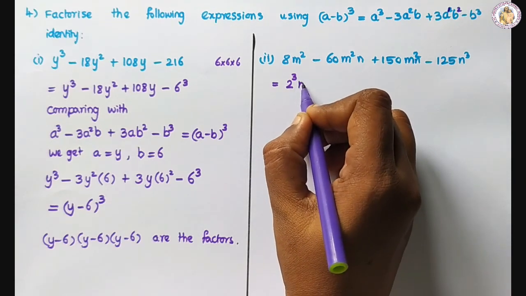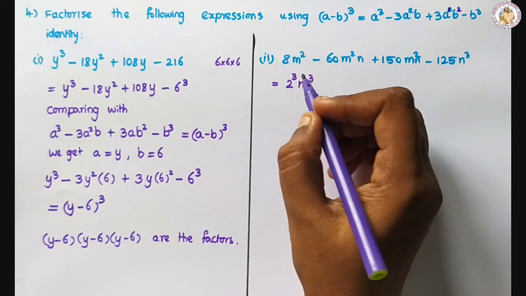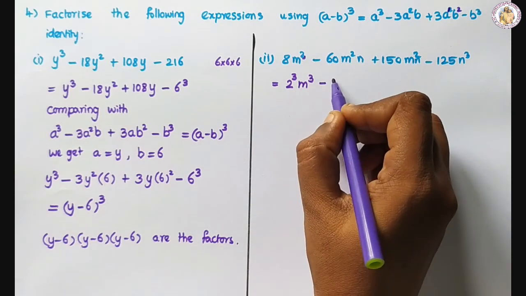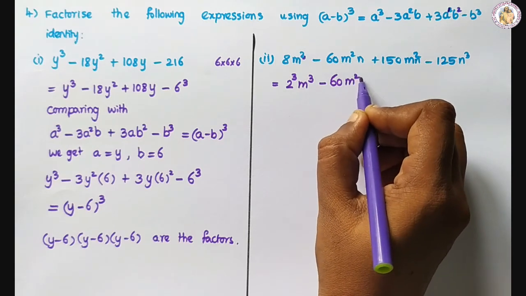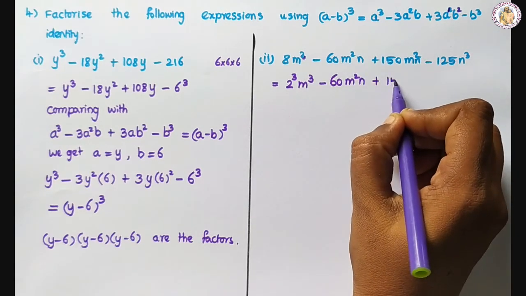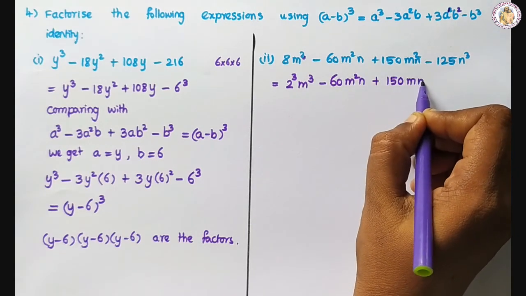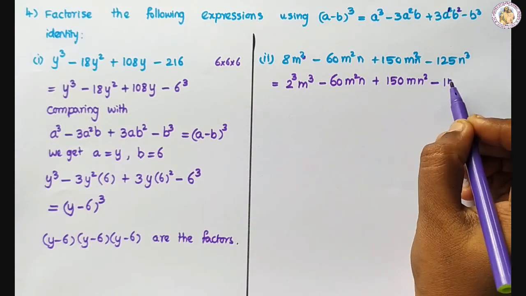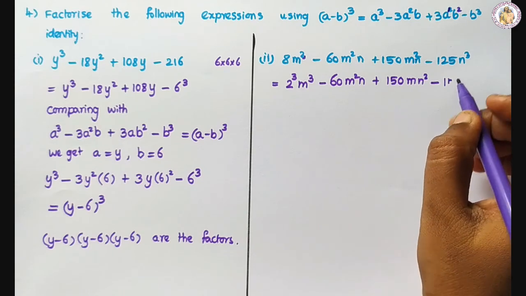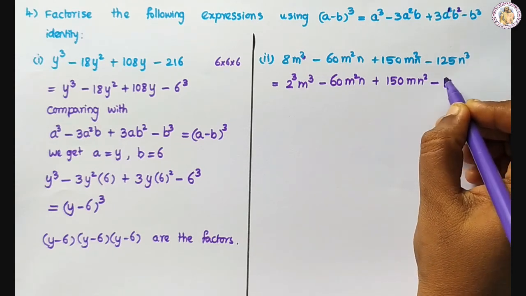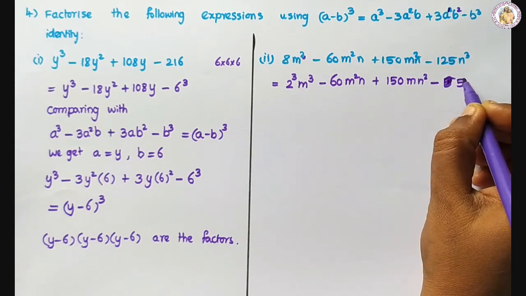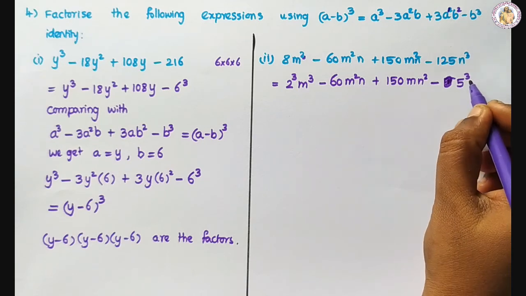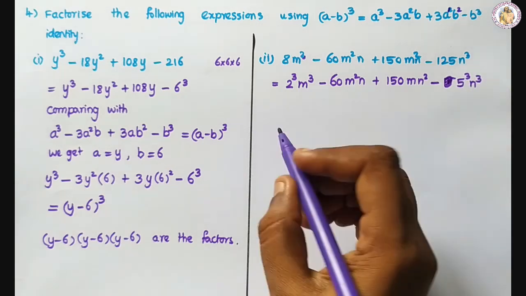So 2 cube and m cube, minus 60m squared n plus 150m n squared minus 125, written as 5 cube. 5 5s are 25, 25 5s are 125, so 5 cube n cube.